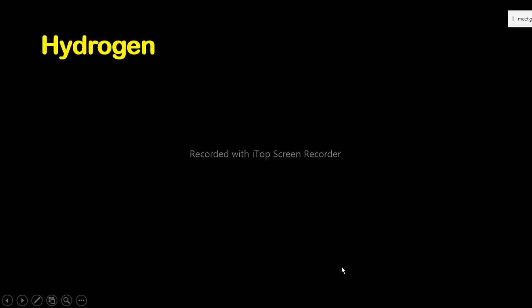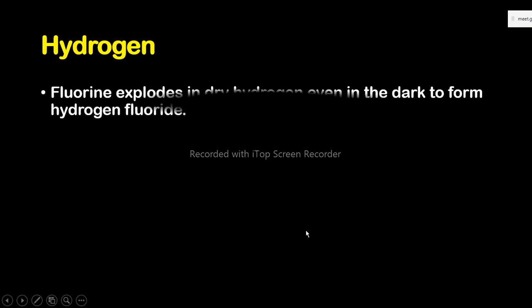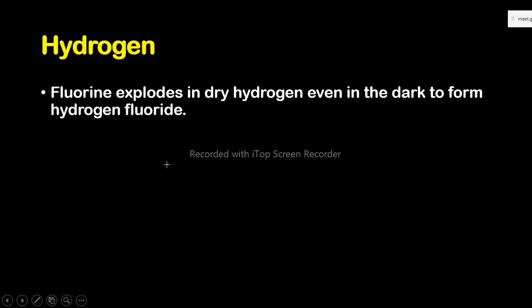With hydrogen, now this is the easiest. Now for fluorine, still it is a special case from others. Whereas others you need to do some heating, for this one, when you just mix it with hydrogen, boom, it explodes to form hydrogen fluoride, as long as the hydrogen is dry, so you don't need to do the heating.